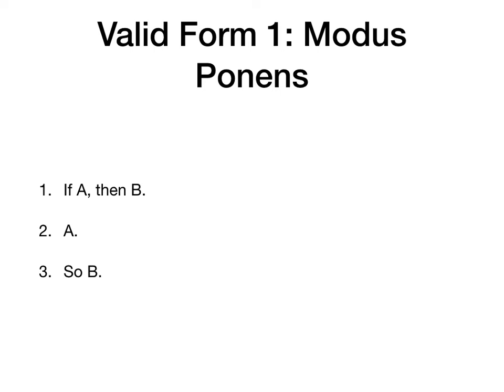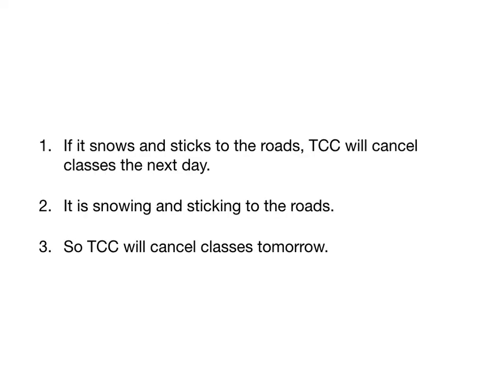So here's the first valid form of argument, modus ponens. If A, then B. A. So B. All right, that's really sketchy. Let's put some detail on that. If it snows and sticks to the roads, TCC will cancel classes the next day.